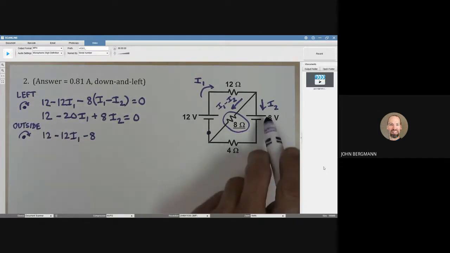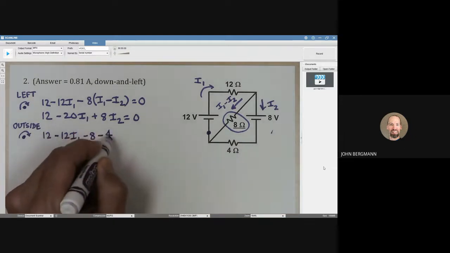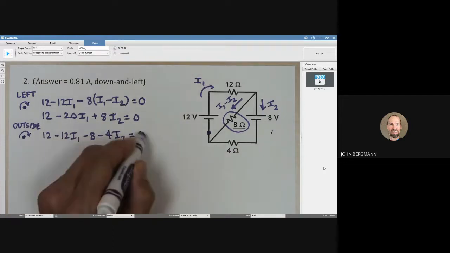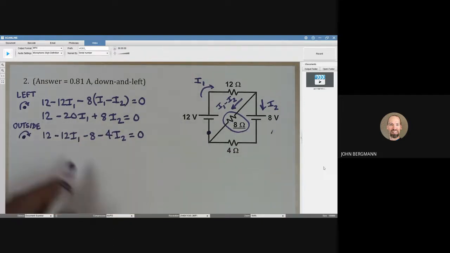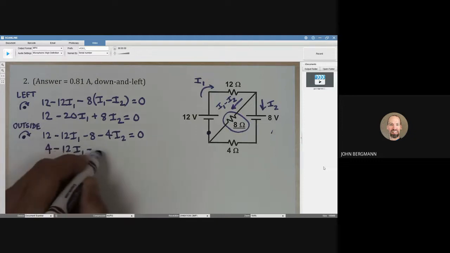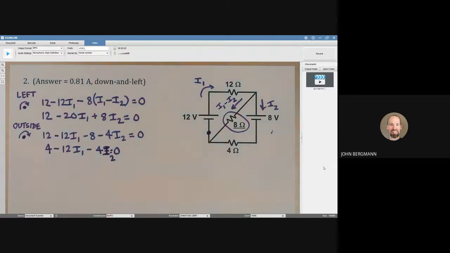And now here comes I2 going in that direction, so we go minus 4 I2, and then we're back to the dot. What does this simplify to? 12 minus 8 is 4, and then the I1 is going to be minus 12, and the I2 is going to be minus 4. Whoops, I forgot the I2 in there. I2 equals 0. Sorry about that.